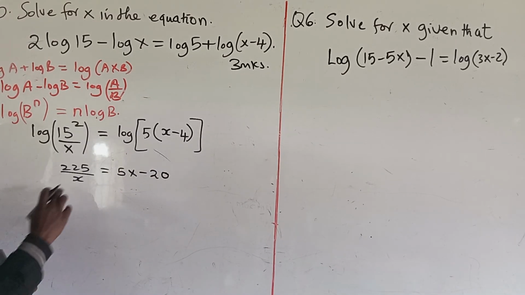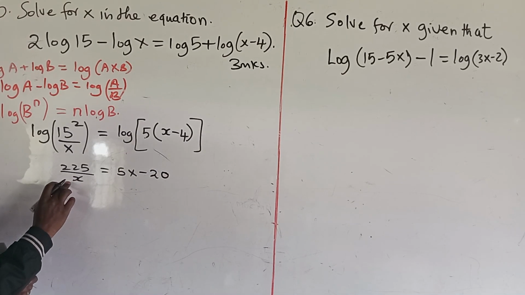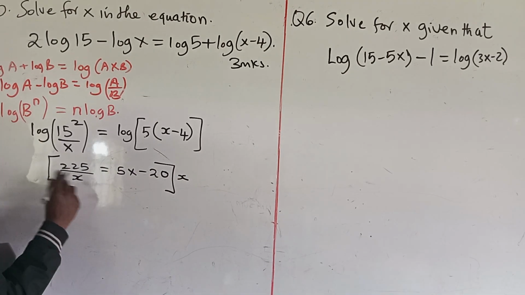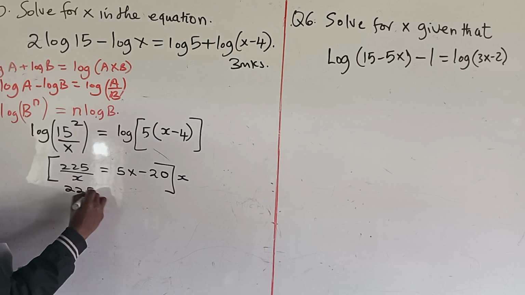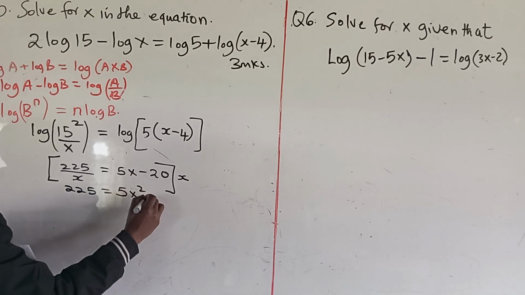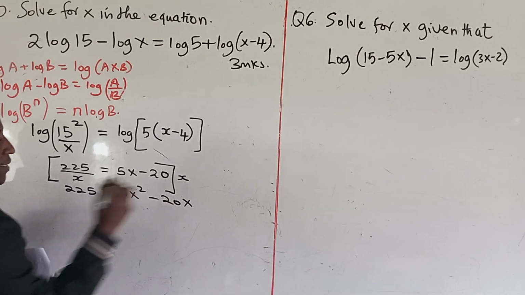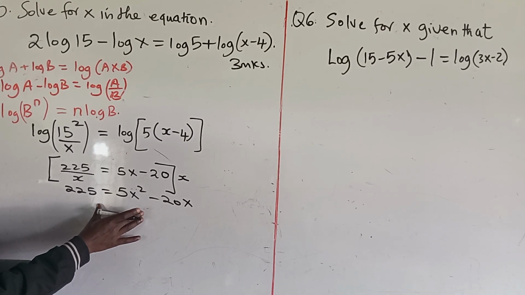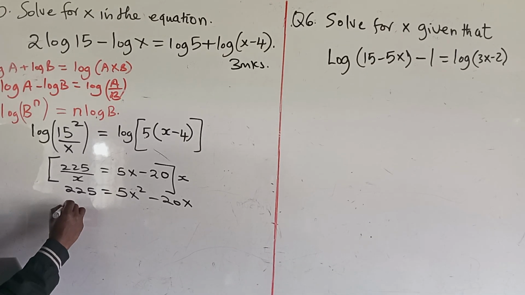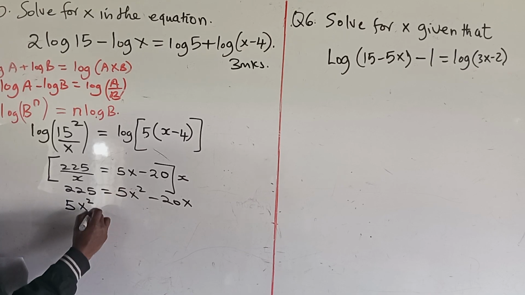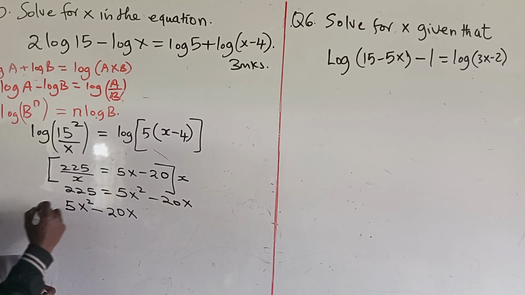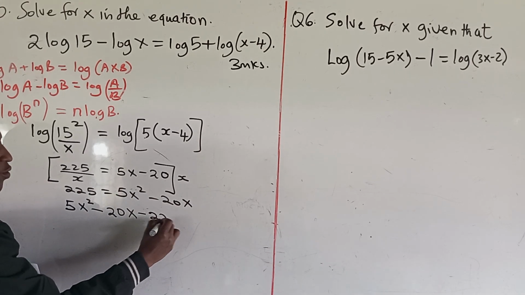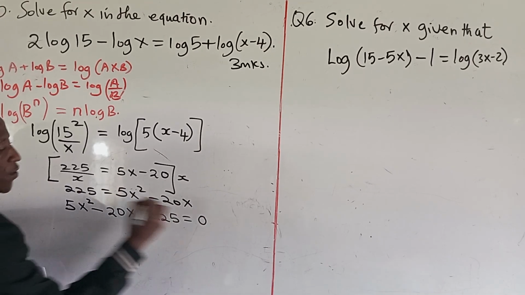At this point, remove the x which is on the denominator by multiplying throughout by x. That gives you 225 is equal to 5x squared minus 20x. We can reorganize this as a proper quadratic equation so that it reads 5x squared minus 20x, we bring this one to this side, minus 225 is equivalent to 0.